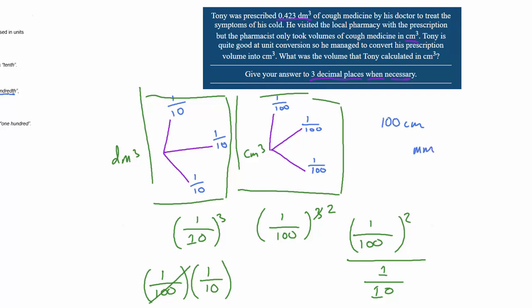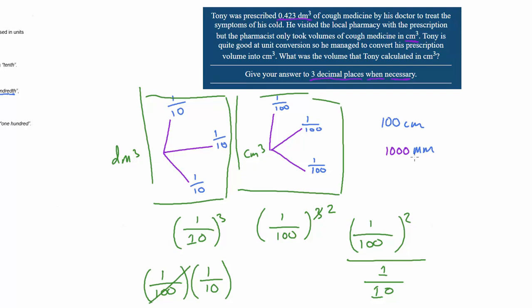Are we going to get a bigger number or are we going to get a smaller number? Well, clearly, if we're converting centimeters to millimeters, we're going to get a bigger number, right? So in this case, it would become 1,000 millimeters, okay?